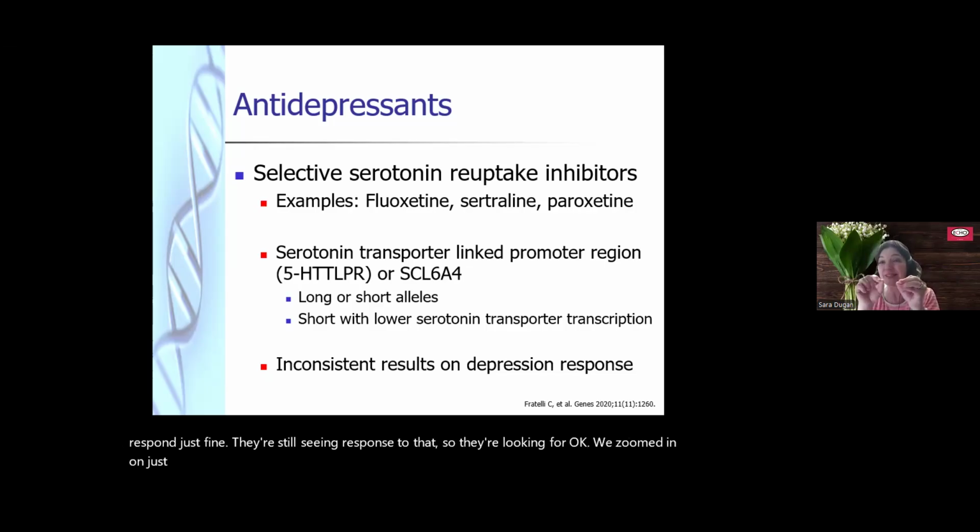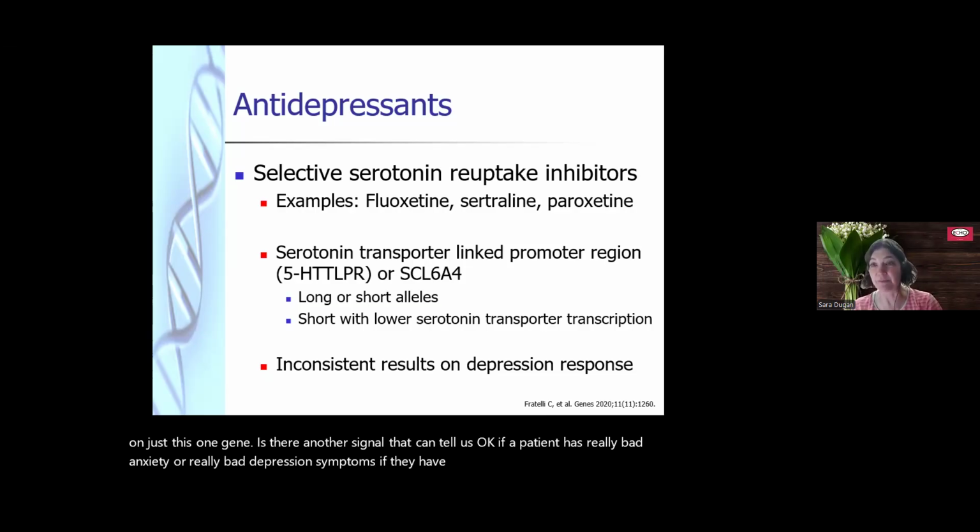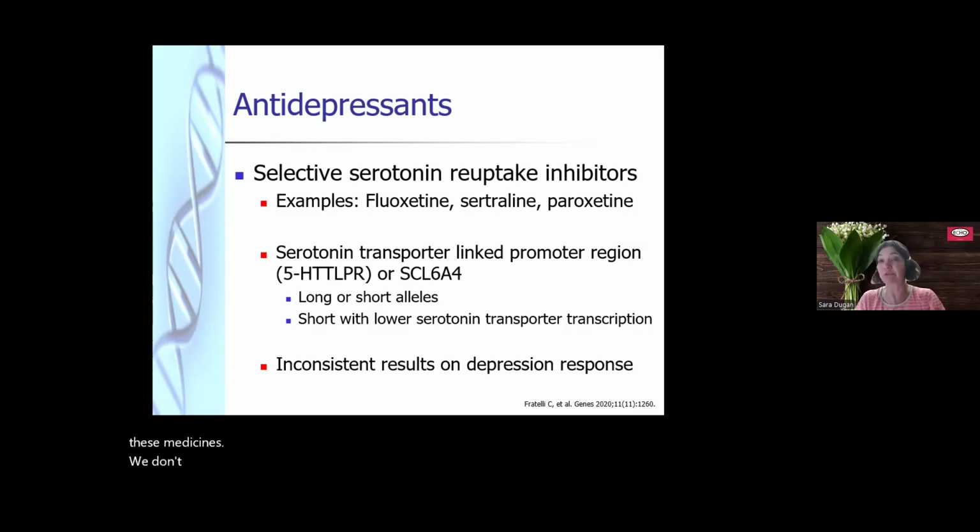Is there another signal that can tell us, okay, if a patient has really bad anxiety or really bad depression symptoms, they have this code, we're wasting our time with these medicines. We don't have that yet, but they are very much screening for those type of combinations in patients right now. So it's kind of exciting, not exactly where we want it to be yet, but a work in progress.